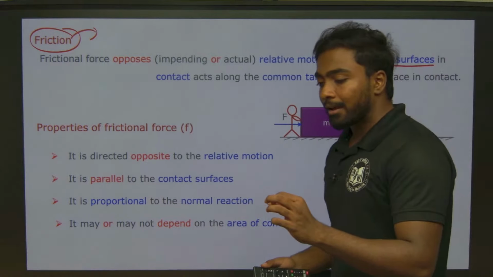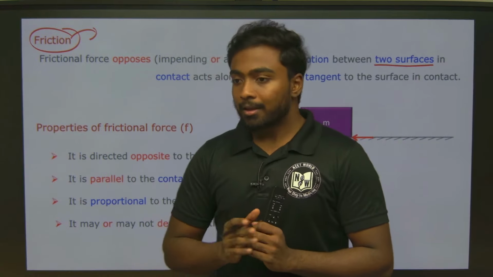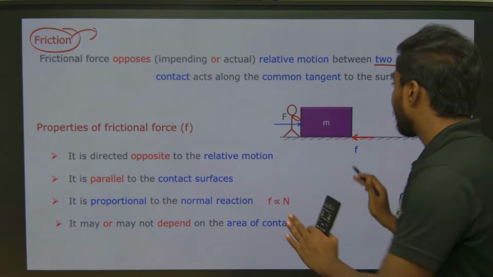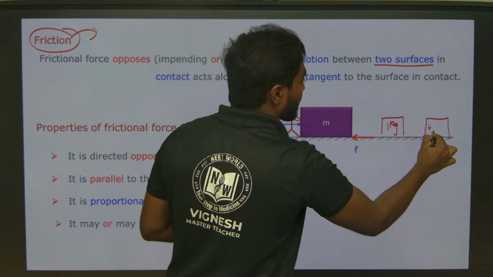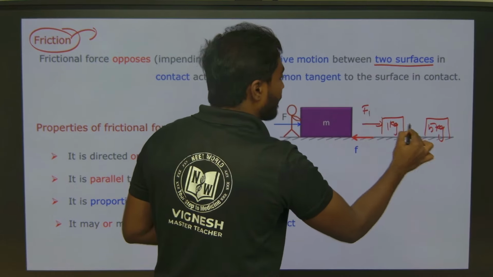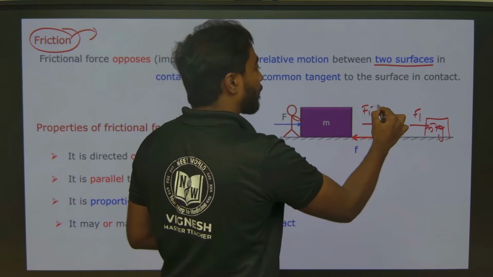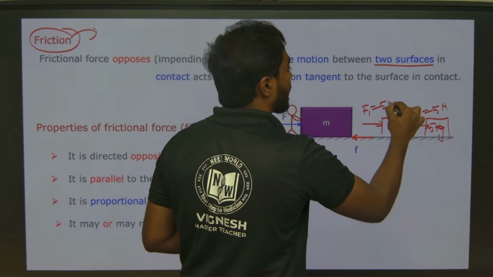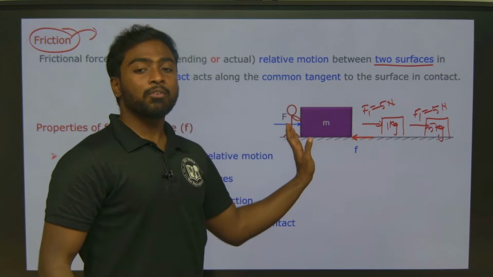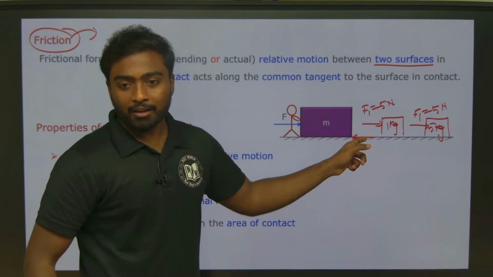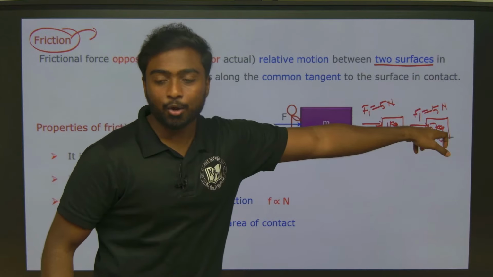So if I take an object of mass 1 kg and an object of mass 5 kg on the same rough surface, and apply a force F1 on each, where F1 is equal to 5 Newton on both, which one will move fast? The 1 kg block. Why is it moving fast? The friction acting on the 1 kg block is lesser than the friction acting on the 5 kg block.